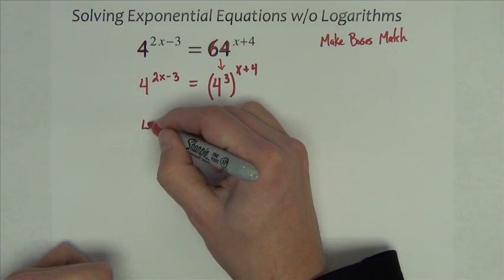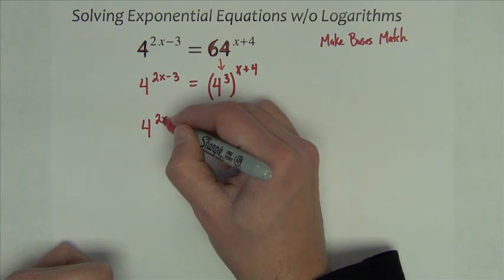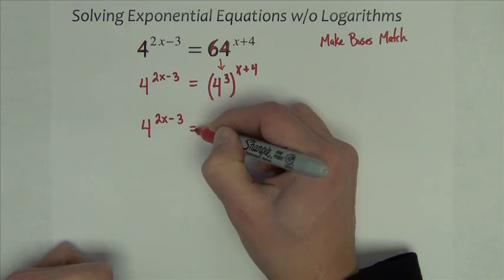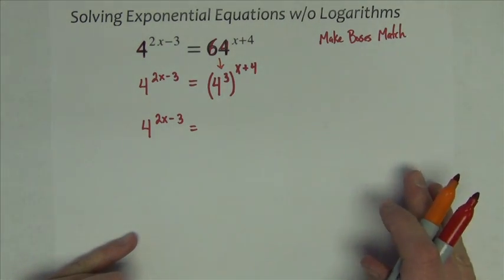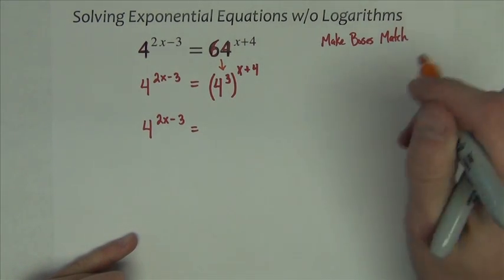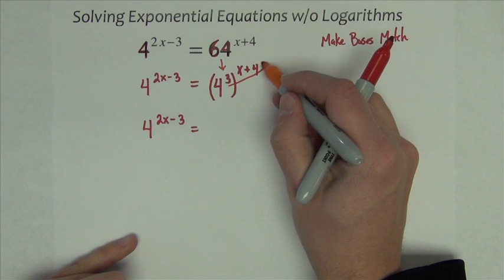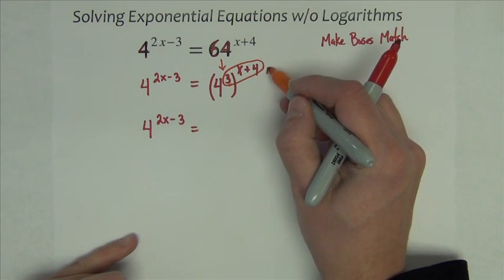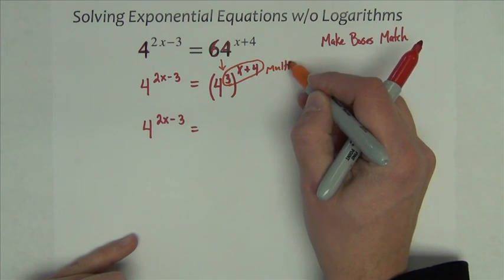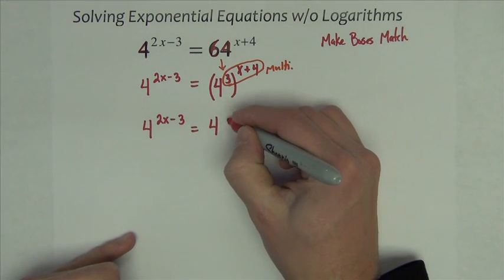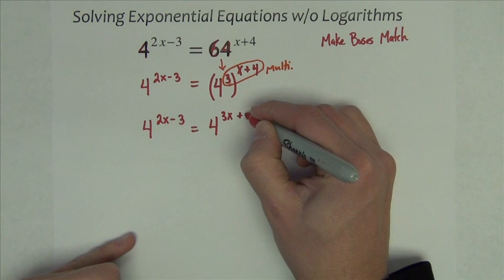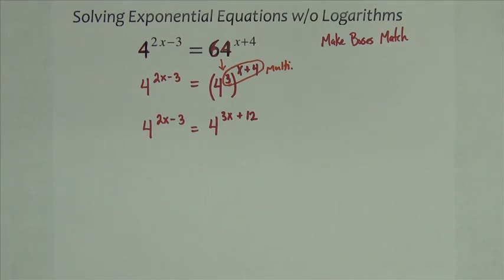I go one more step here. We've got an exponent property that says if we have a power that is raised to a power, we can multiply these powers together. So that's going to give us 4 raised to the 3x plus 12.